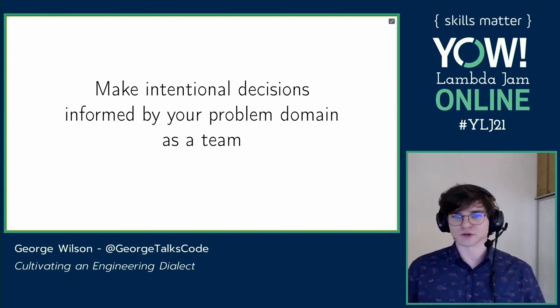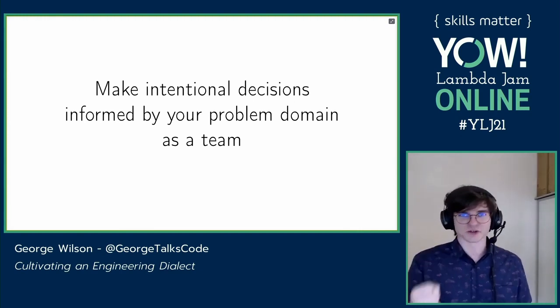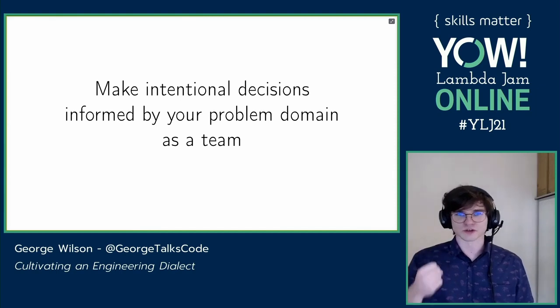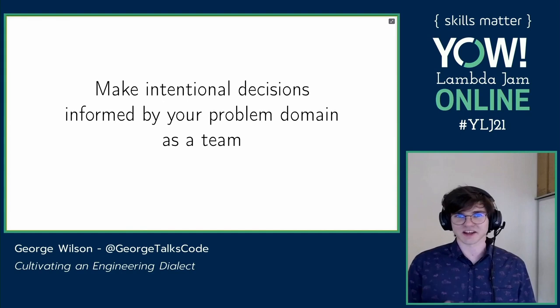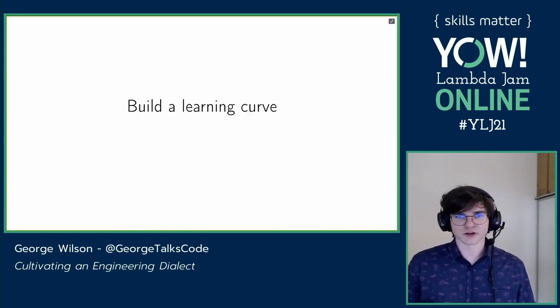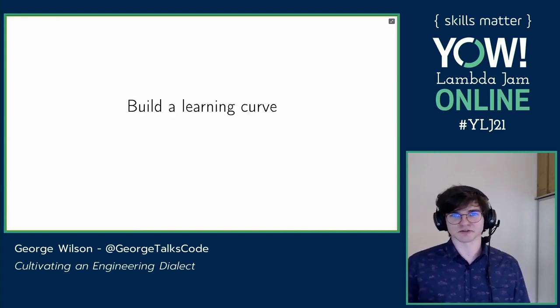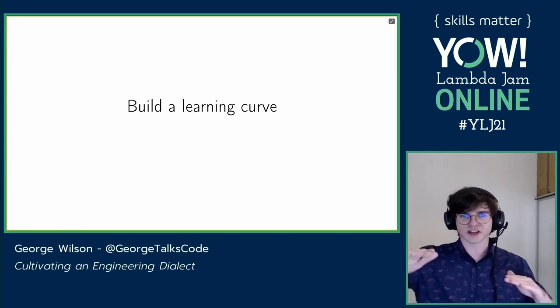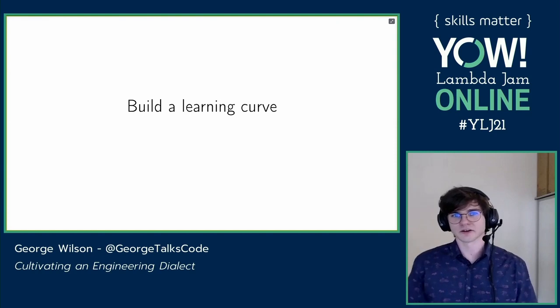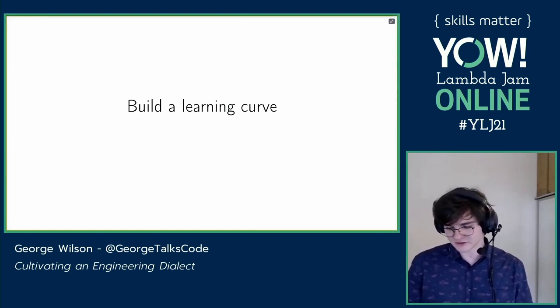You should commit to the tools that give you the best solutions to these problems, and you should do so working together as a team. And you also need to intentionally build a learning curve onto your team, onto all the knowledge required, so that you can use the best tools available to solve the problems you have.